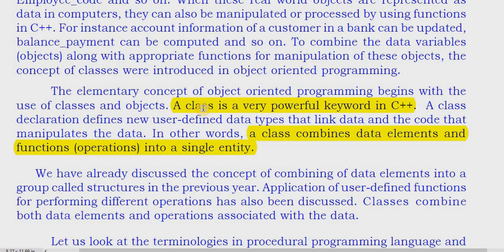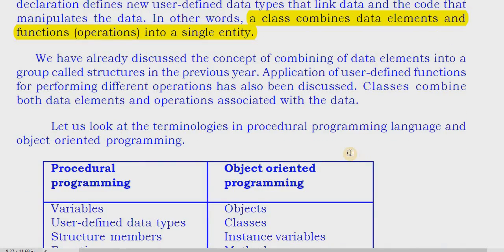So the class meaning is already known to the computer. So what is there inside a class? A class combines data elements and functions. Means in a class, data elements and functions are written. So class is a group or combination of data items and functions.